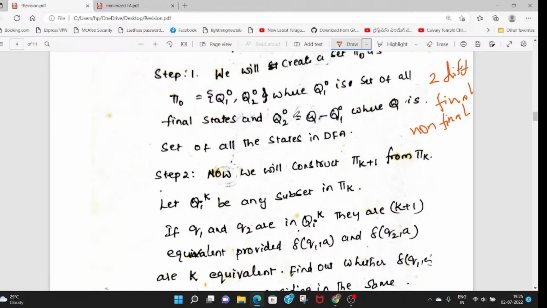Then you identify whether those states belong to the same set or not. If they belong to the same set, you keep them as the same group, or else you split them into different groups. You can do the same step again and again until you do not find any further division.